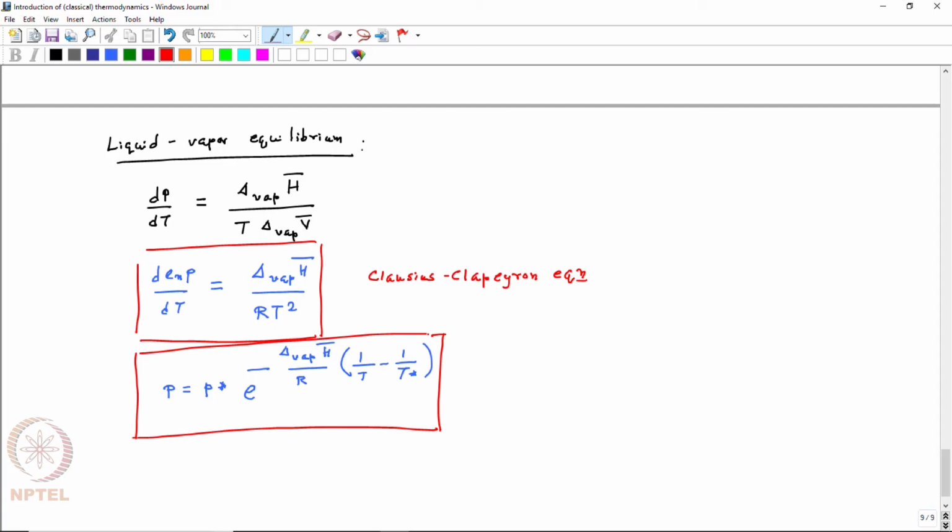So the Gibbs free energy is the correct quantity to look at, and if we analyze the Gibbs free energy, we find that this change can happen with respect to pressure and temperature, because these are the natural choices.